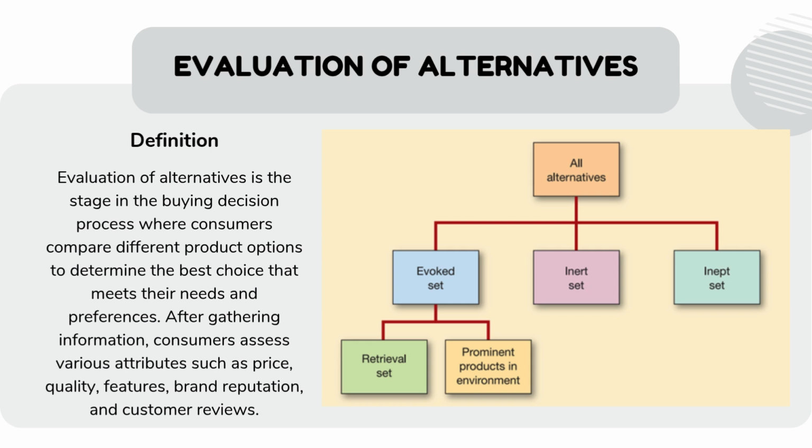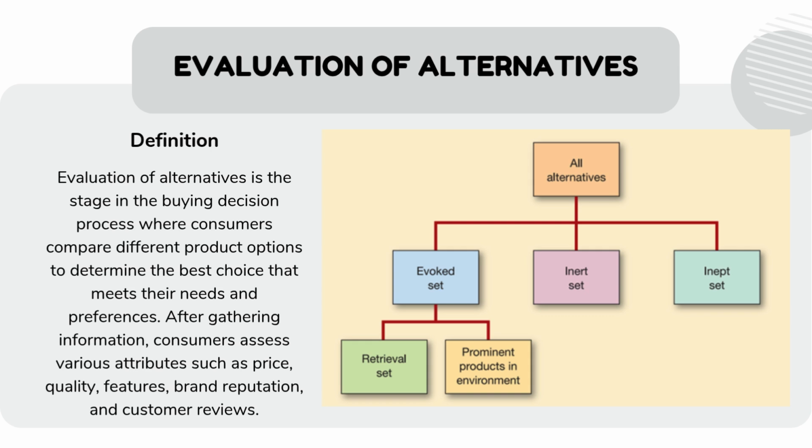They mentally categorize products into an evoked set, considered options, an inert set, neutral options, and an inept set, unacceptable options. Consumers may use decision rules, such as compensatory rules, weighing pros and cons, or non-compensatory rules, eliminating options that lack certain key attributes. This step helps narrow down choices, guiding consumers toward their final purchase decision.